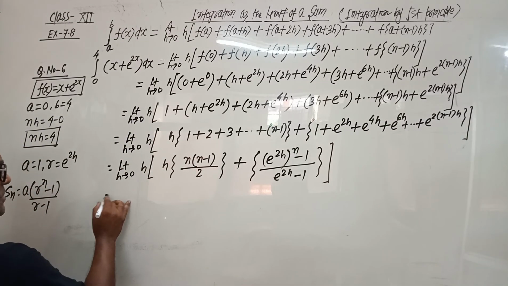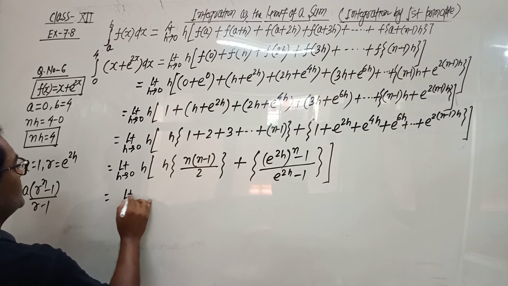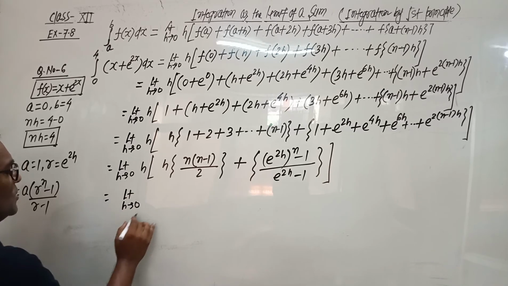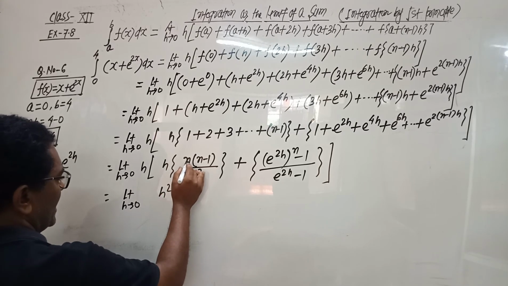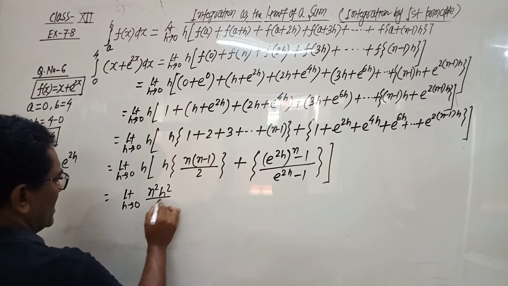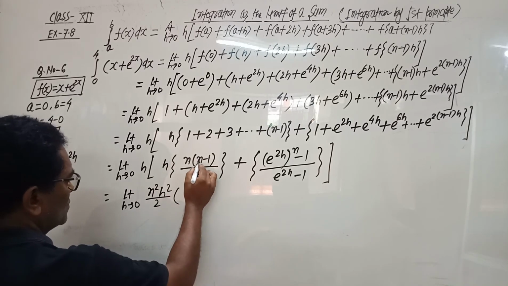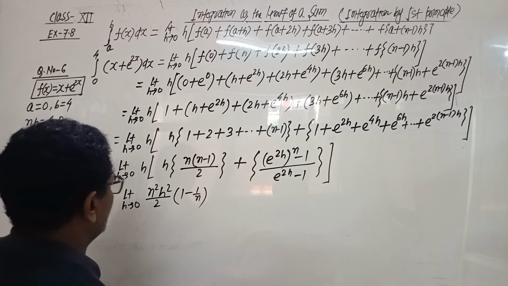Then separating the terms, limit h tends to 0, h into h is h square, and from inside n is taken common. So n square h square by 2, and we get 1 minus 1 by n.